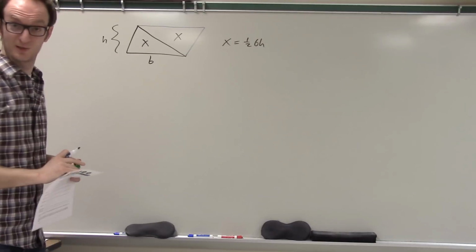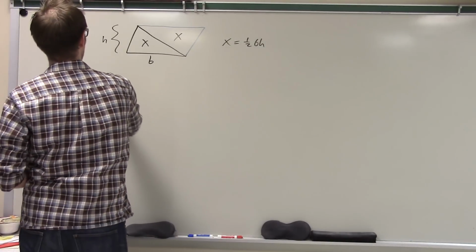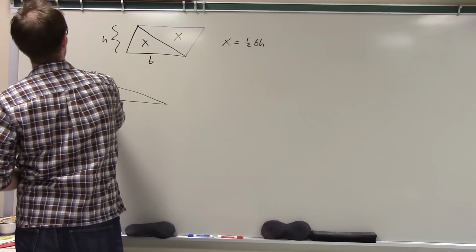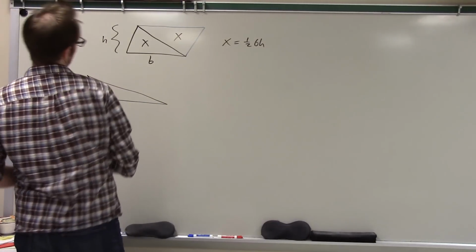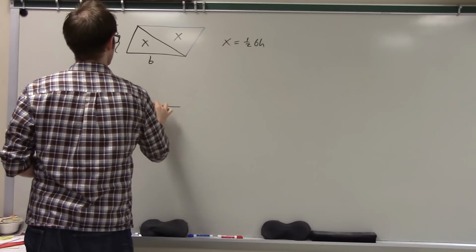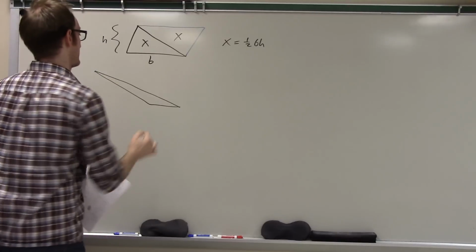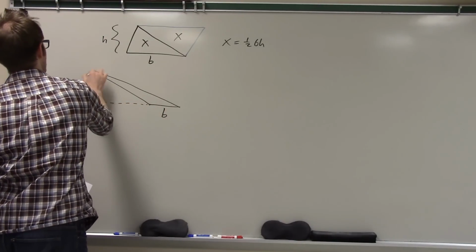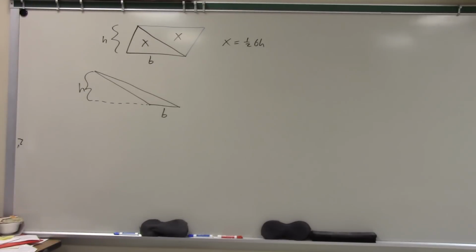And this works even for very, very devious looking triangles. Maybe something like this. Or perhaps, no, not devious enough. Something like this, I guess, is what I'm looking for. Some triangle like that. It's actually not obvious whatsoever that this triangle does have area 1/2 BH.